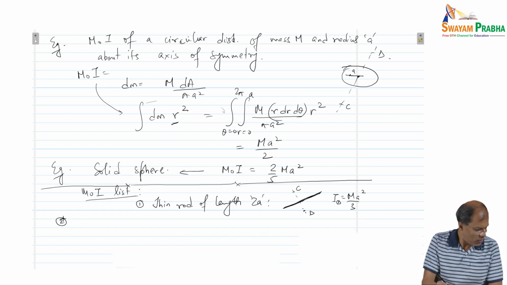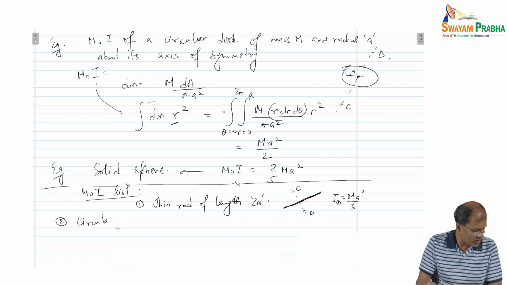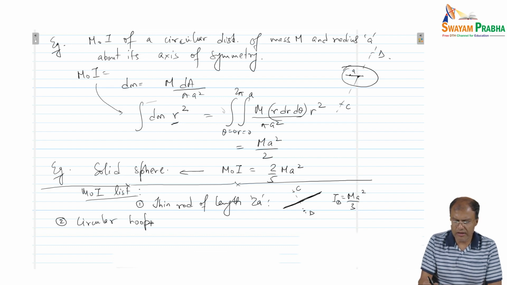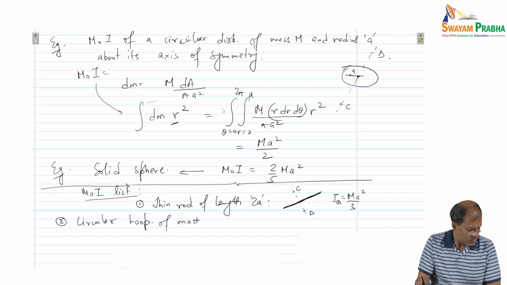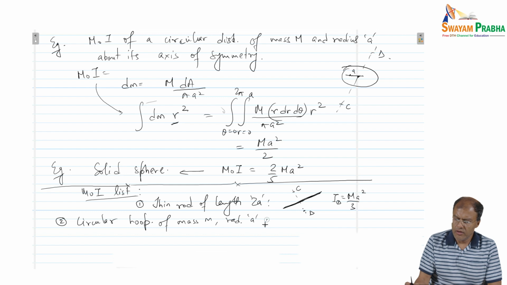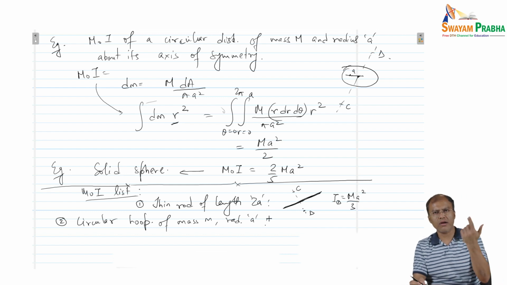Then how about a circular hoop? This time it's a, so what exactly is a circular hoop? This is of mass m and radius a. So a circular hoop is a hollow circle. It only has a perimeter.